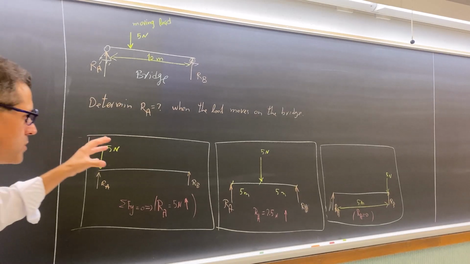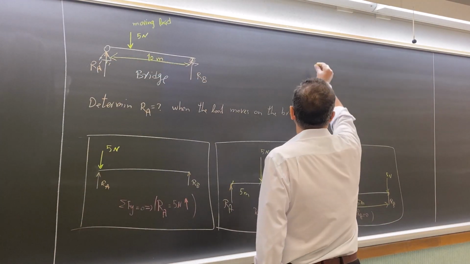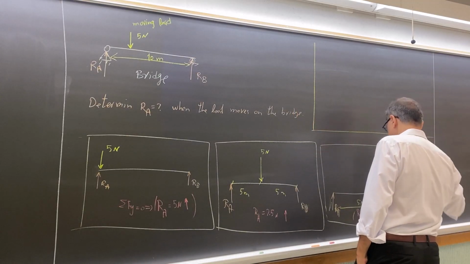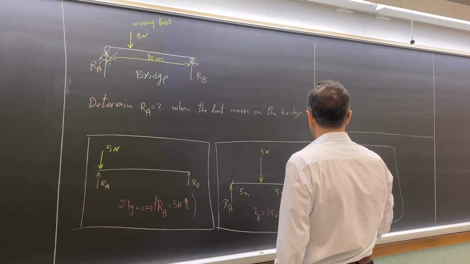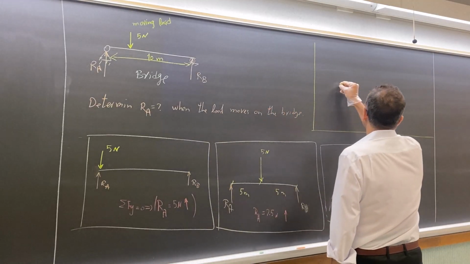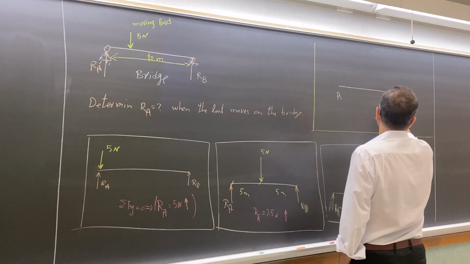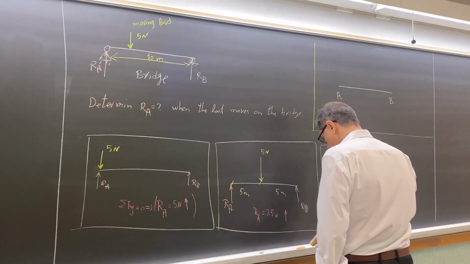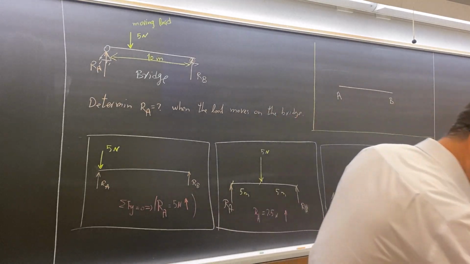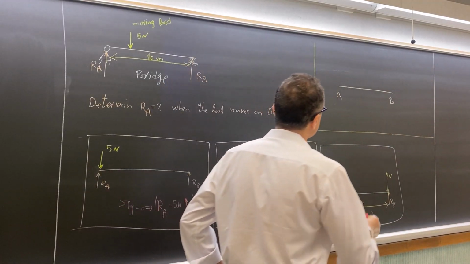So now we want to put it on a diagram. I just use this part. This is the bridge from A to B. How much was the load at the beginning, RA? It was 5.